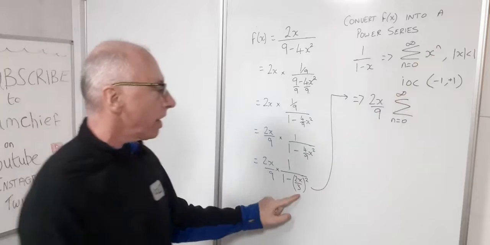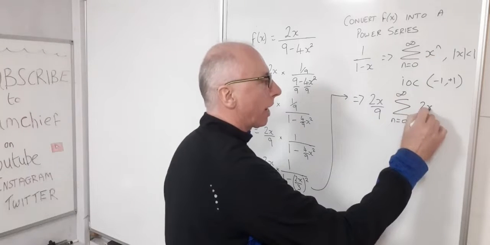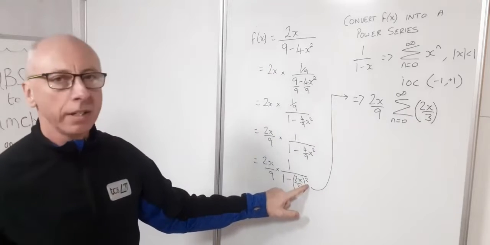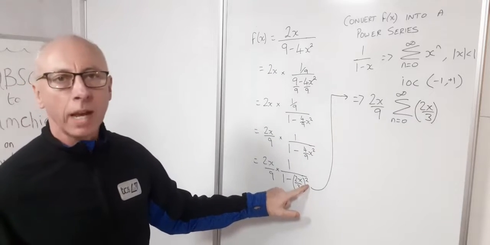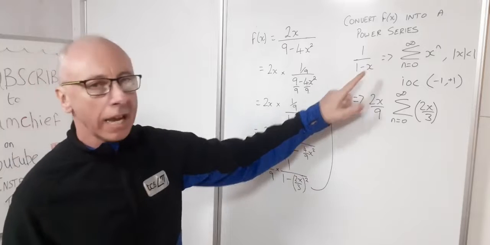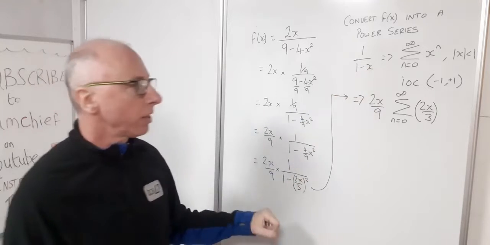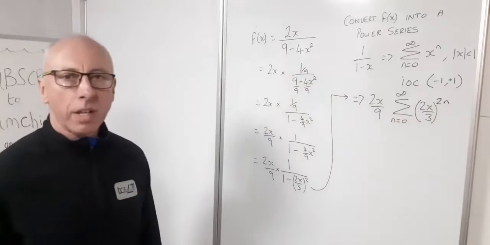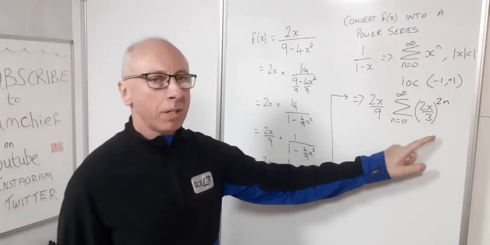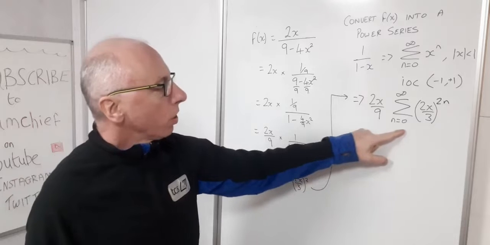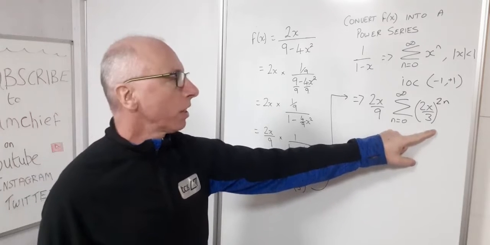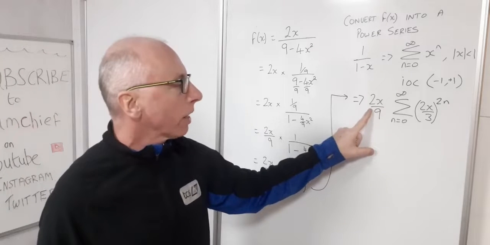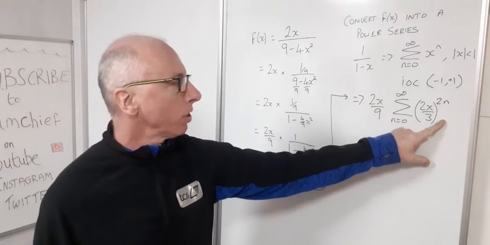I can rewrite this now as 2x over 3, and then as it's squared, I just raise that to the 2n, because this one here will just be x, this one here will be x squared, so it's to the 2n. So that's well on the way to forming a power series. Now you could submit this as your end result, it's not incorrect, but there's more we can do with this. We've also got to bring this 2x over 9 inside the summation.